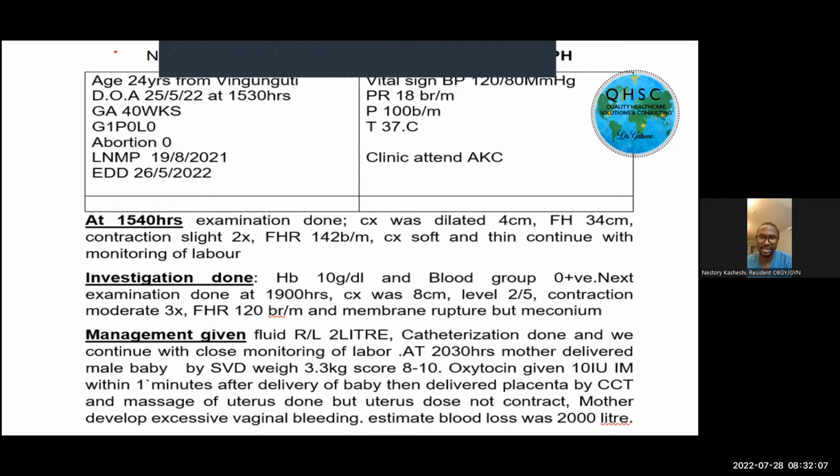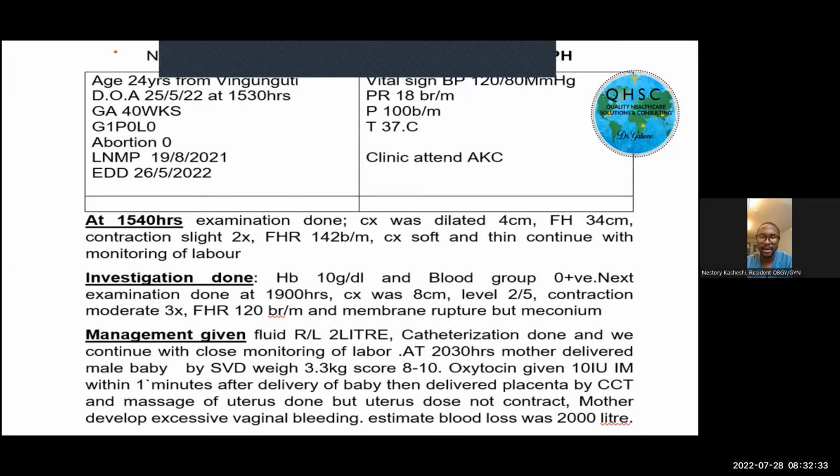I worked in Tanzania before I moved to Sweden, and we normally don't have a very systematic protocol. It is written in our guideline that we give the oxytocin, like the 10 international units, and then you can give concentrated oxytocin in IV fluid.